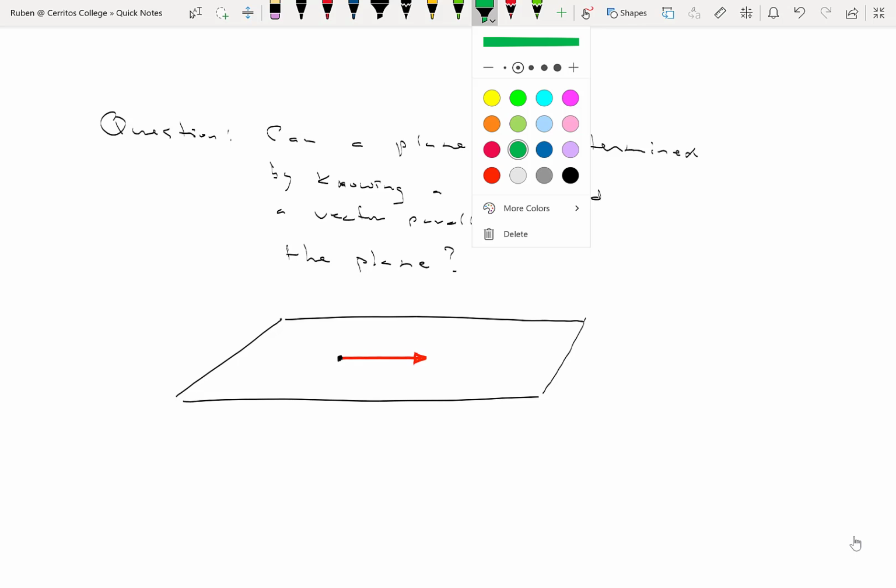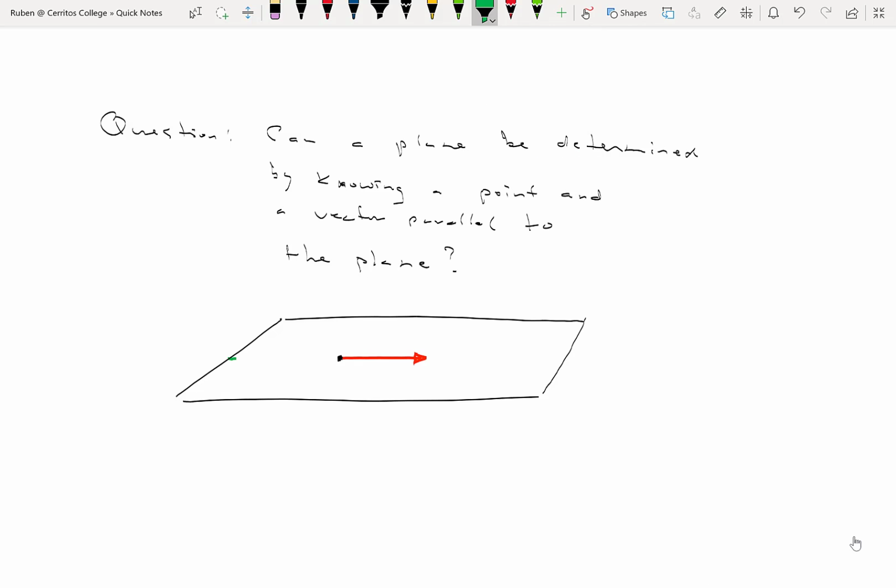Okay, I'm going to draw another plane with the same two bits of information. The green plane that I'm drawing also contains the red vector and the black dot.